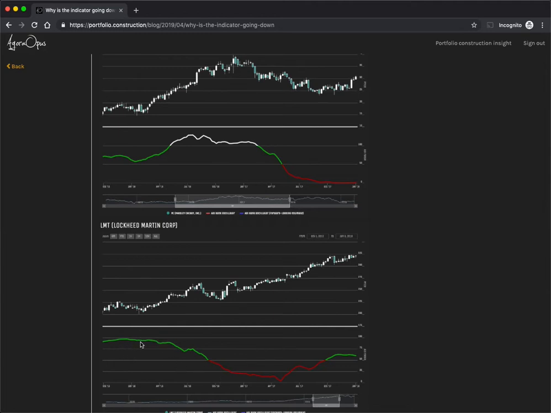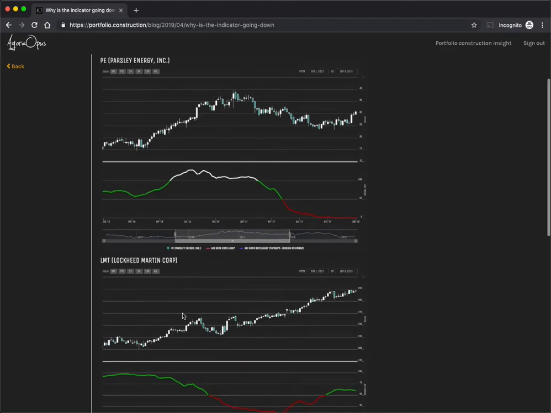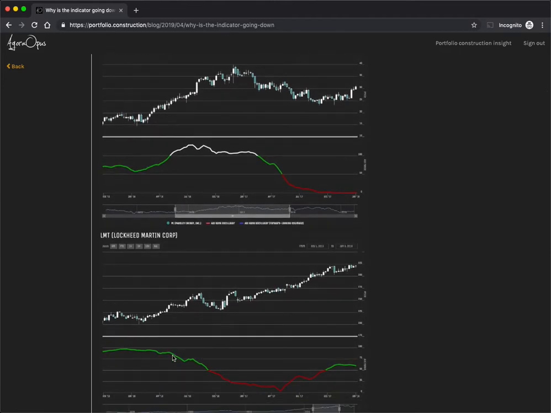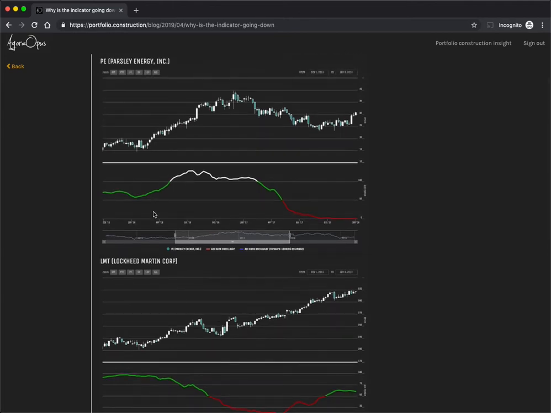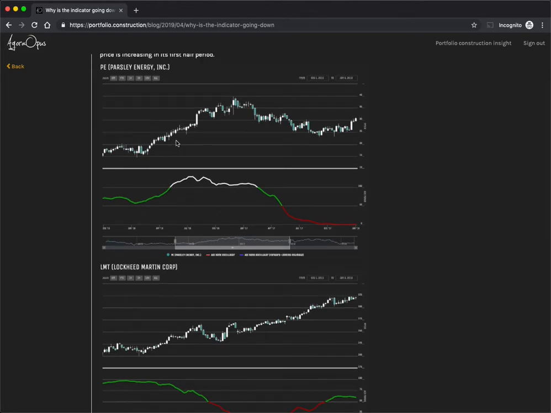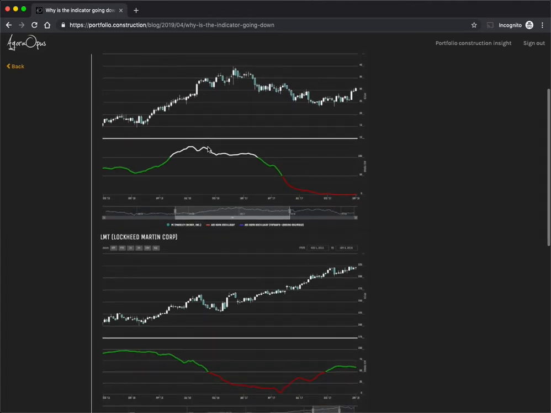Initially Lockheed Martin is ranked very high, close to 100, but as other assets start performing better, the indicator for Lockheed Martin starts heading down. On the top example, the indicator is heading up and remaining very strong, above 100 actually, because this is one of the best performing assets that we monitor.